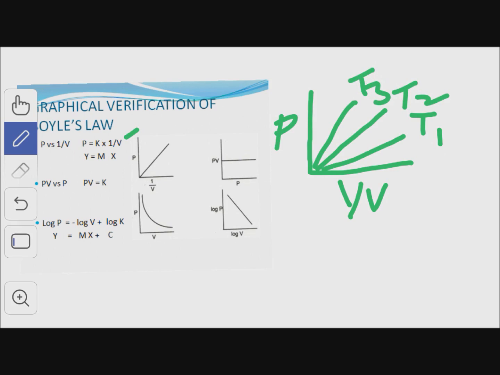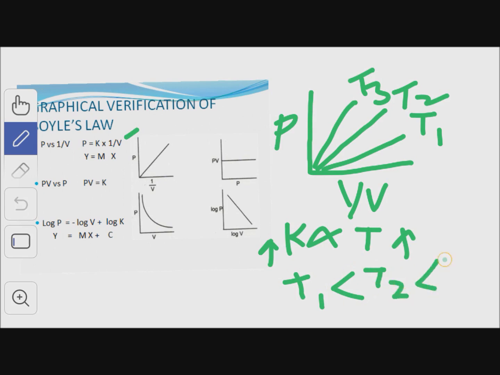And as we already discussed, the value of K is directly proportional to temperature. When the value of K increases, temperature also increases. It means T1 is less than T2, which is less than T3.